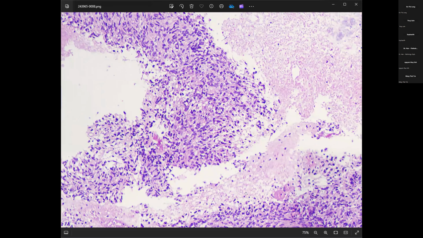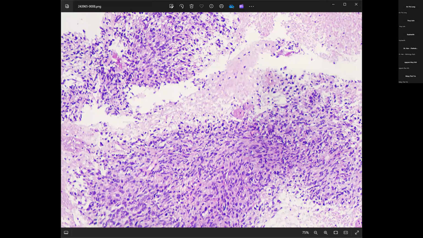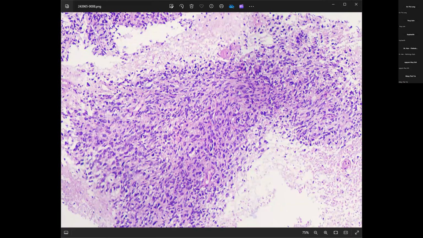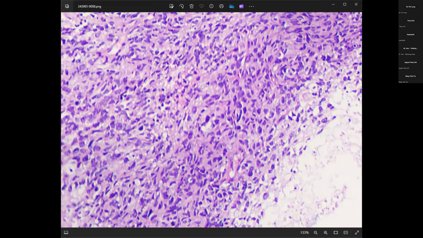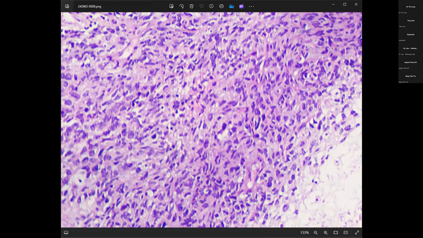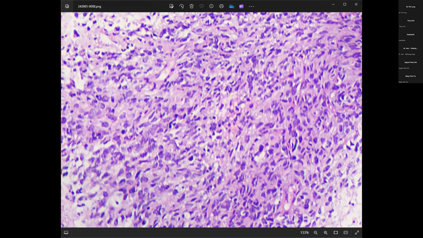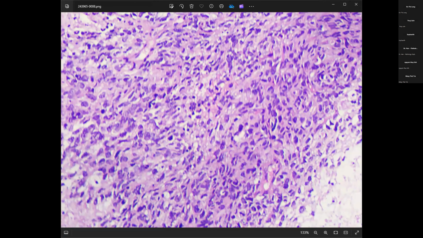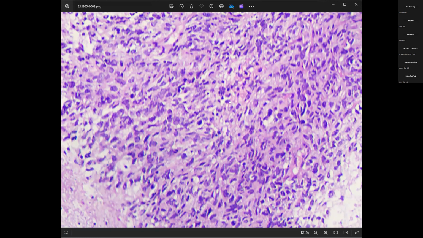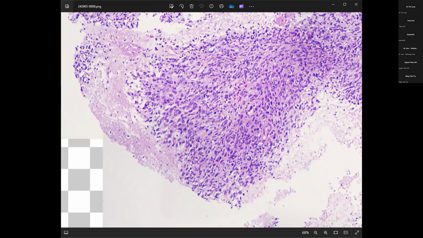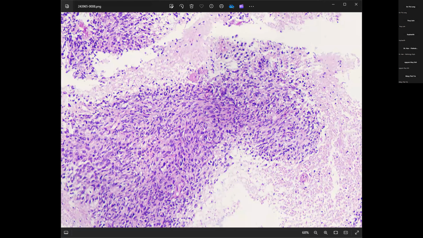So this is, I think, a case where you'd want to rule out carcinoma, rule out melanoma, and then see what other soft tissue tumors might have this pattern. Smooth muscle sarcomas, or other sarcomatous lesions can involve the retroperitoneum as well.